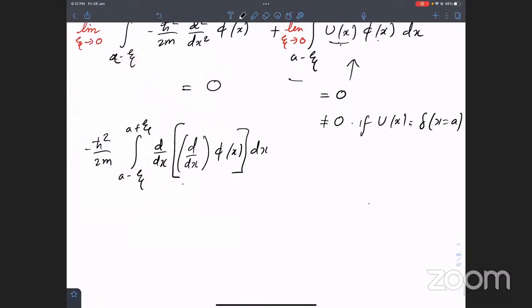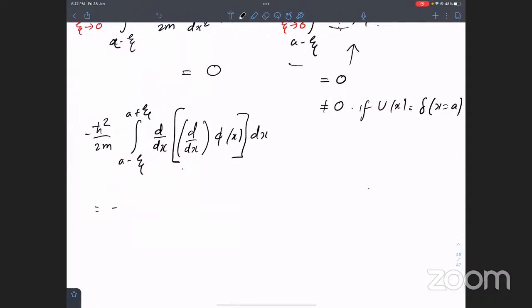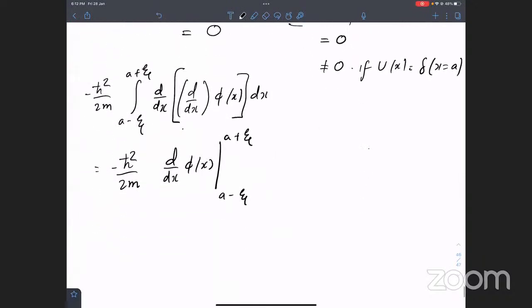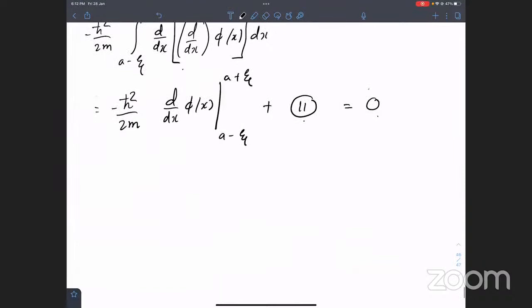If I integrate the derivative of some function, you can clearly see that this is going to be equal to h squared by 2m, d by dx of phi of x from a minus zeta to a plus zeta, plus the second term. I'm going to leave this as second term, equal to 0. If the second term is 0, third term is 0, that means by necessity the first term must be 0.